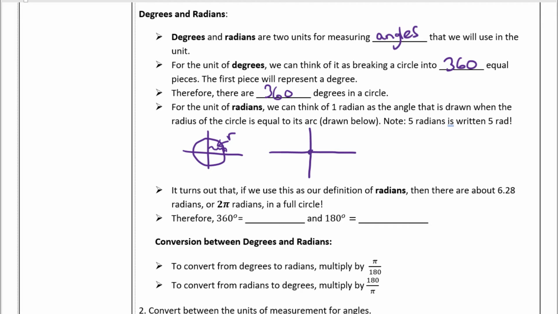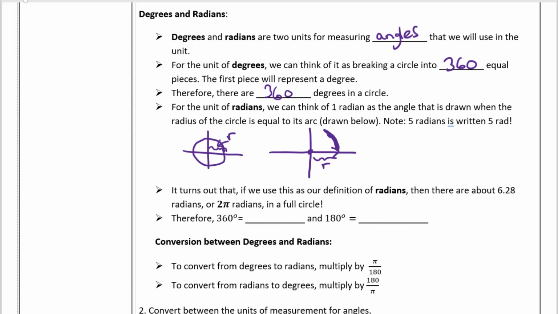So if we were to take an initial side with a radius of r, and we were to travel 1 radian, then that means the arc, which is this part right here, this part of the circle, is equal to the length of the radius.